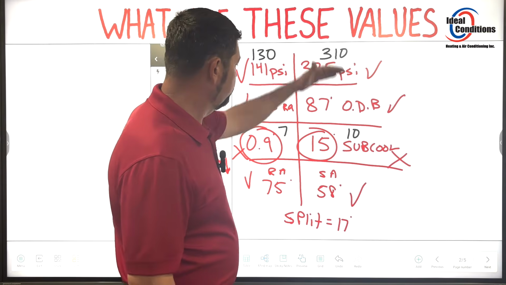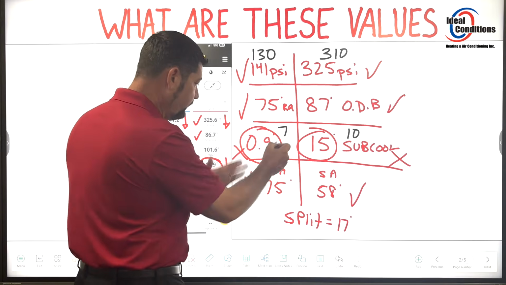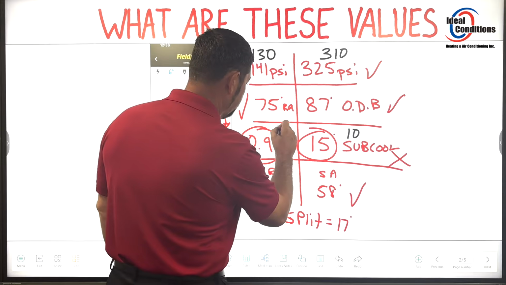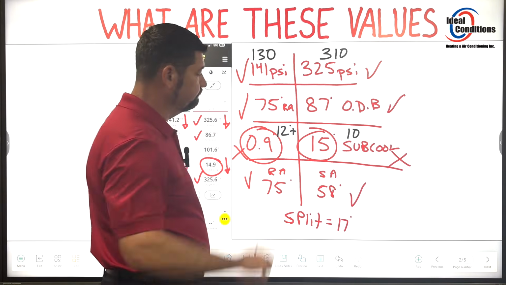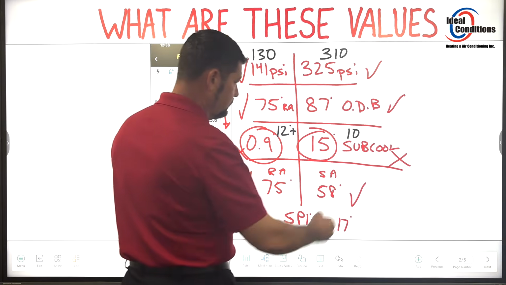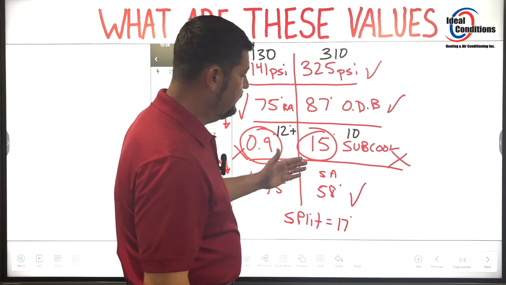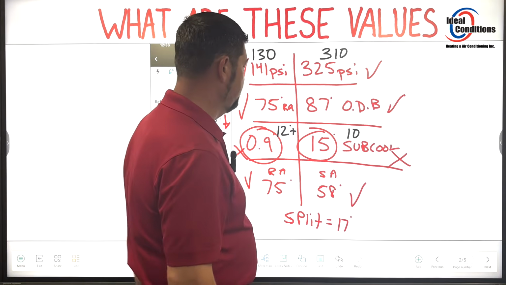Then things are moving in the right direction. Where do I need to settle out at? Well, this needs to be at what? We want 12 plus. Okay? So let's just say that I settled out at a 15 superheat and a 5 subcool. I don't really care what these numbers are going to be at this point.